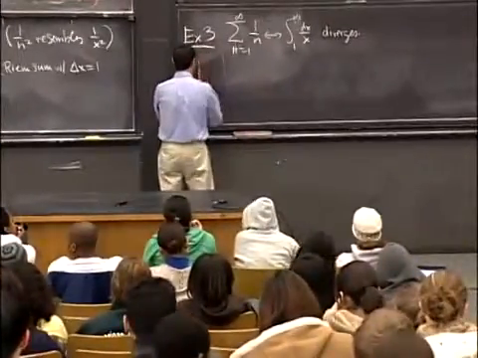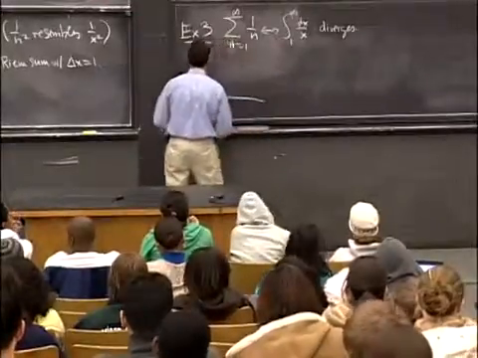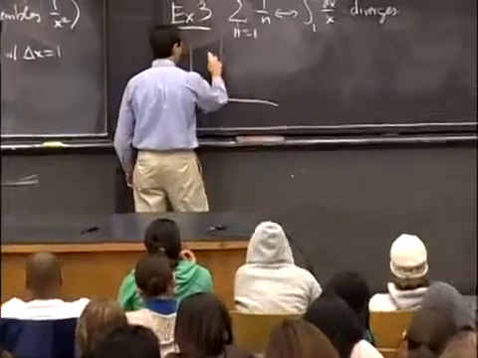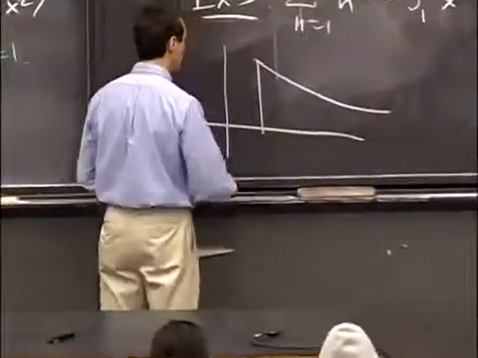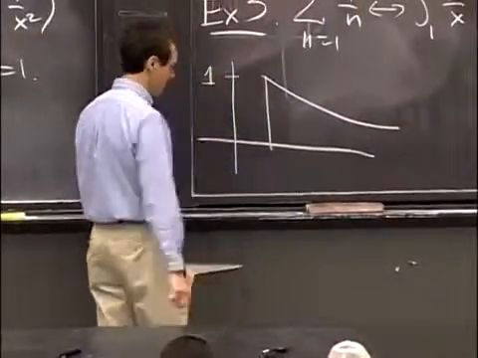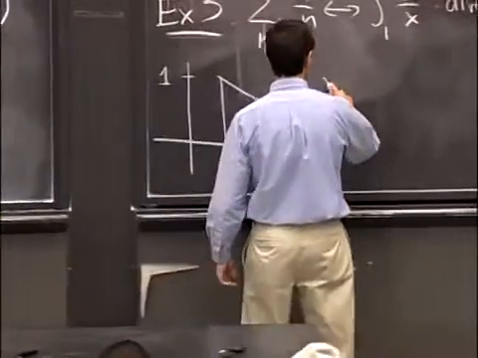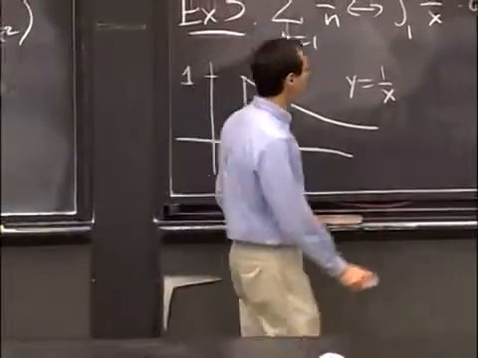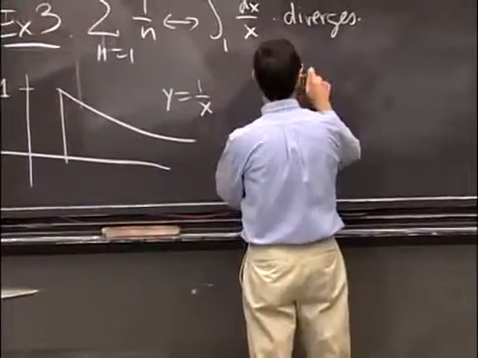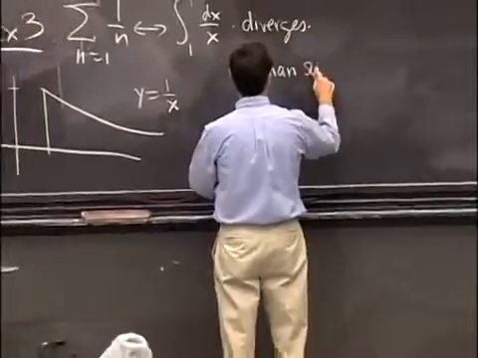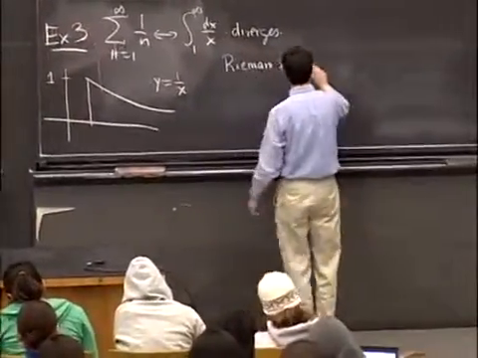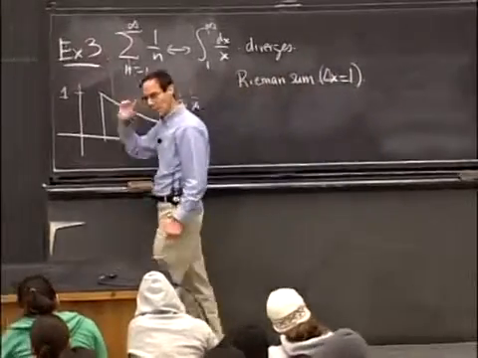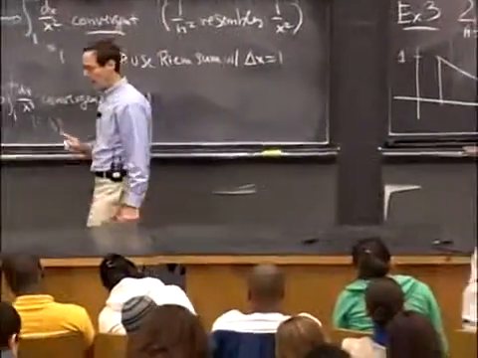So here we go. I'm going to take the integral and draw the picture of the Riemann sum. So here's the level 1, and here's the function y equals 1 over x. And I'm going to take the Riemann sum with delta x equals 1, and that's going to be closely connected to the series that I have.